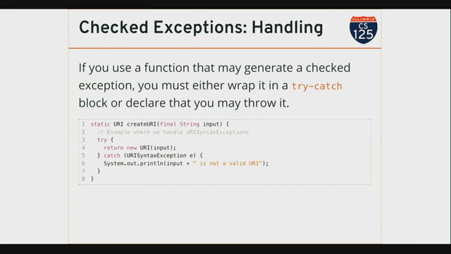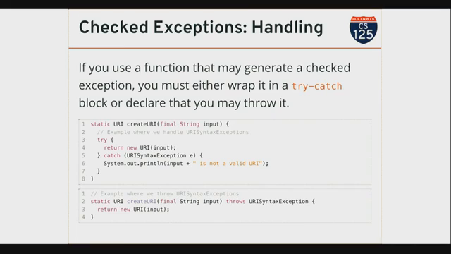So here's one of them. Here I'm creating a new URI that can generate a URI syntax exception. All I'm going to do here is complain, right? I'm just going to print something to the console and say, bad code, this is not a good URI. Usually you want to do something a little bit more sophisticated than this. Or, if I don't want to handle it, sometimes I don't know how to handle it.